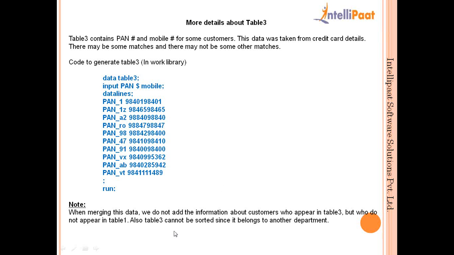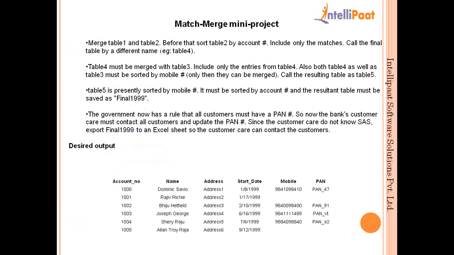Basically, note, while merging this dataset, we do not add the information about customers who appear in table 3, but who do not appear in table 1. Also, table 3 cannot be sorted since it belongs to another department. Now, the mini project which we are planning to do is the match merge mini project, right?